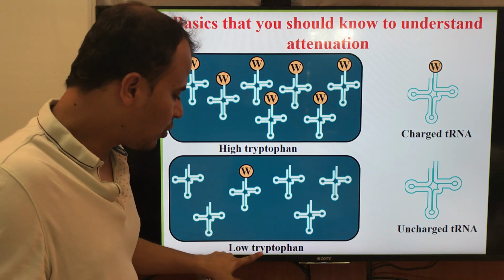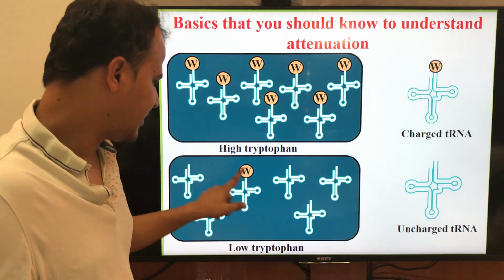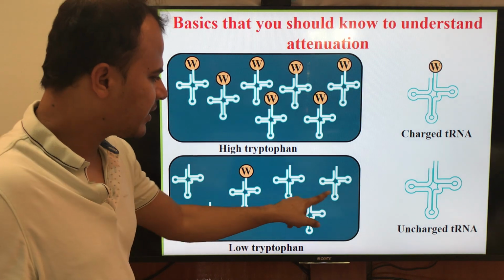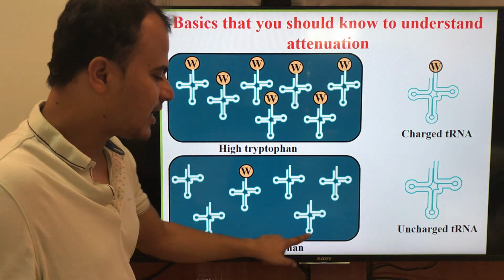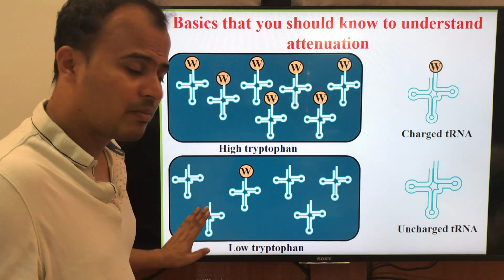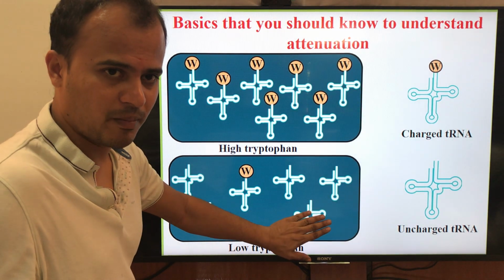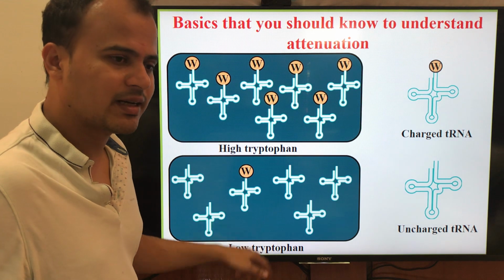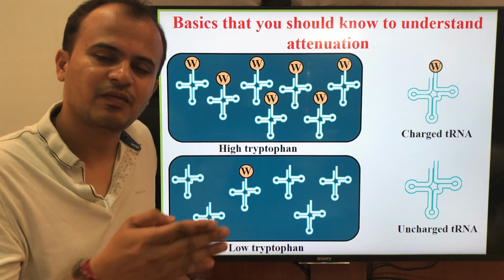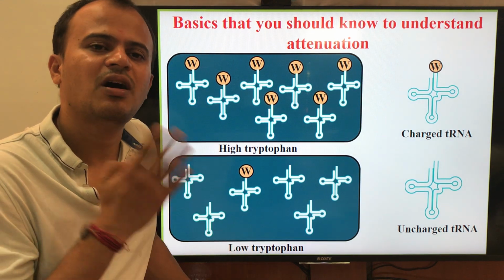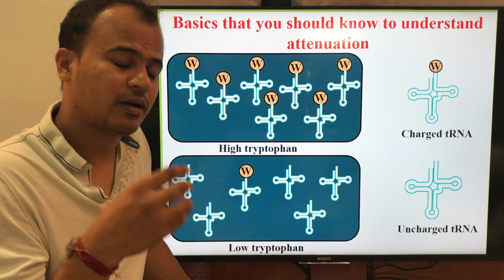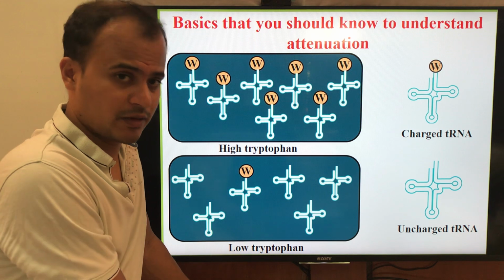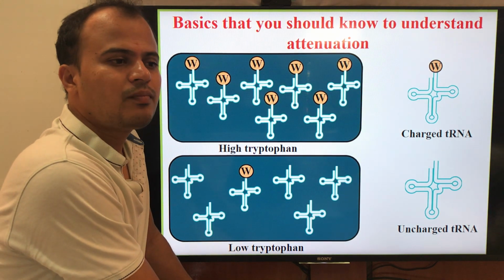If there is a low amount of tryptophan in the bacterial cell, you can see that only a few tRNAs are in the charged form and many of them are in the uncharged form. Therefore, the charging and uncharging of the tRNA depends on the amino acid levels. So this is the basic that you should know before I proceed with the attenuation.